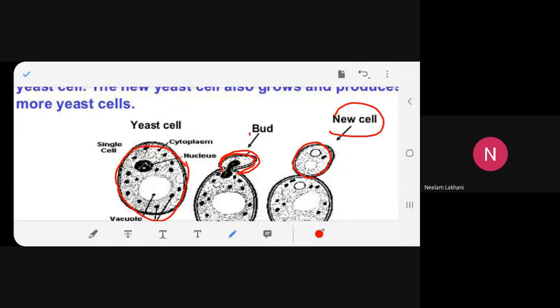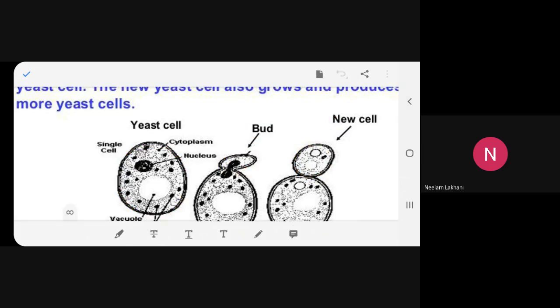So the projection is called a bud, and when it starts growing into a big size, it becomes altogether a new cell. And then you can see over here, it's getting curved, but it's not delimited. That means it is not having any wall in between. It is open.